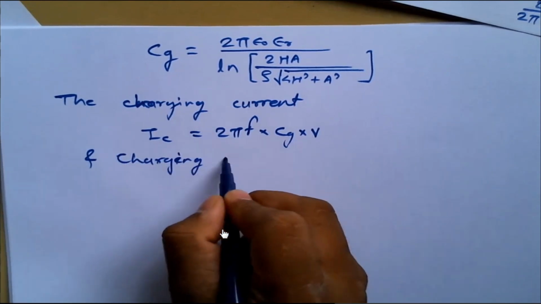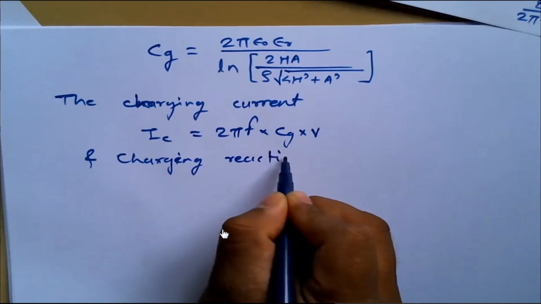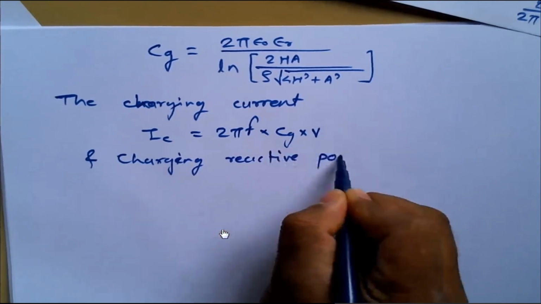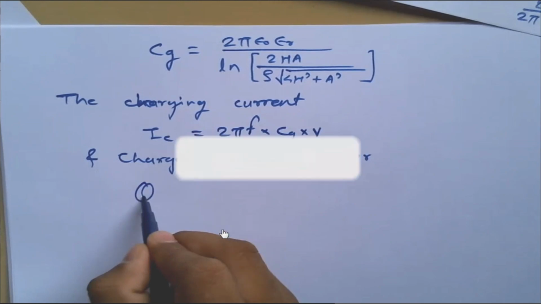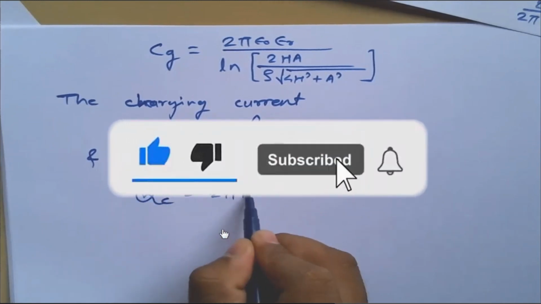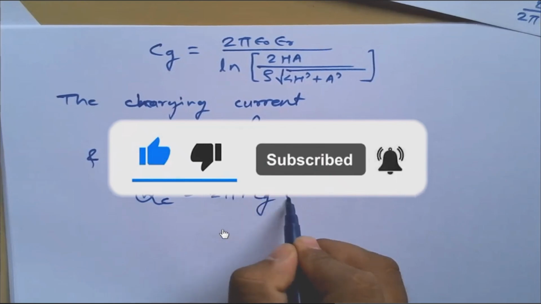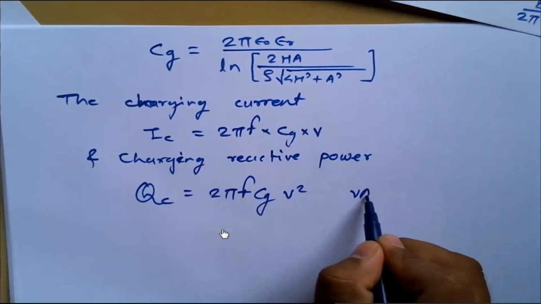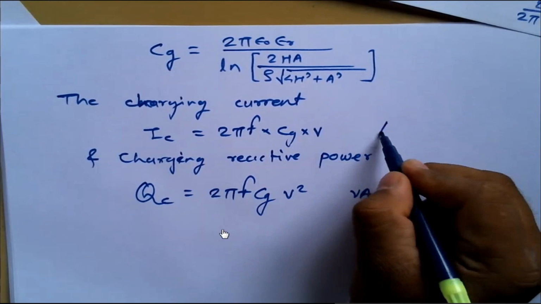You have to remember it. QC, it will be 2 pi F into Cg V square. It is in VAR, and this current, it is in ampere.